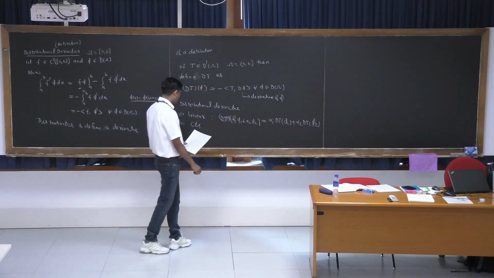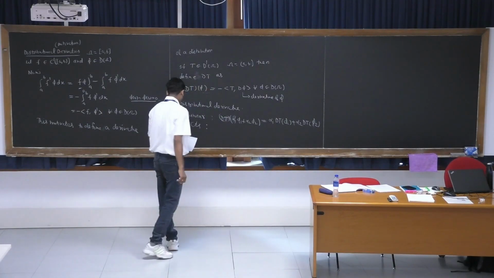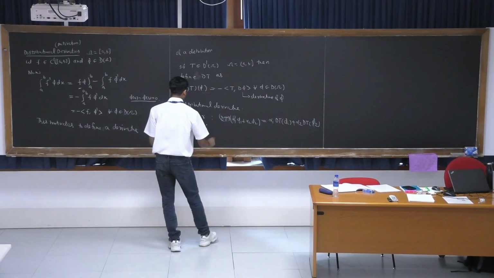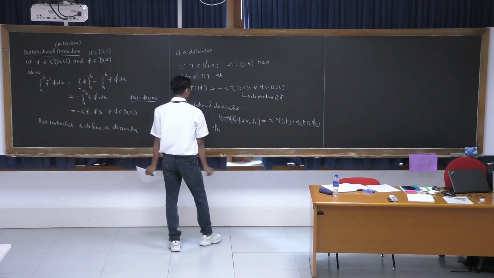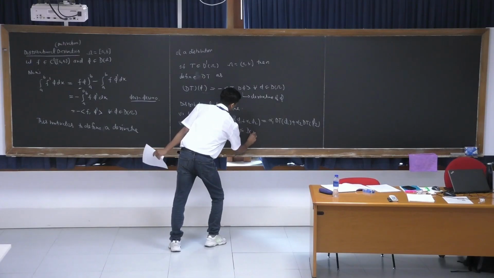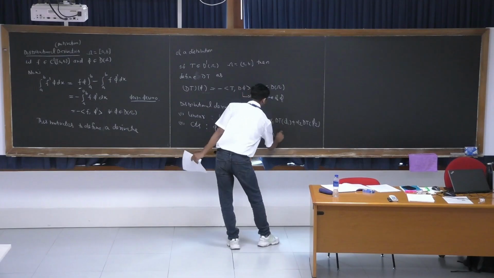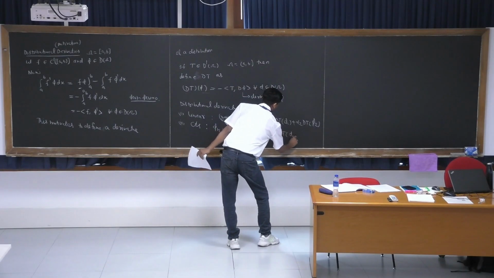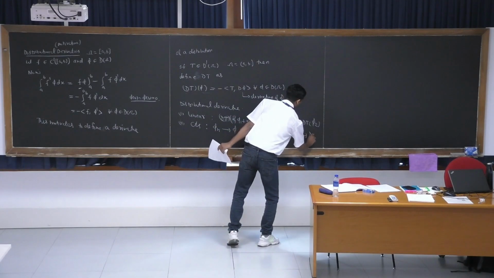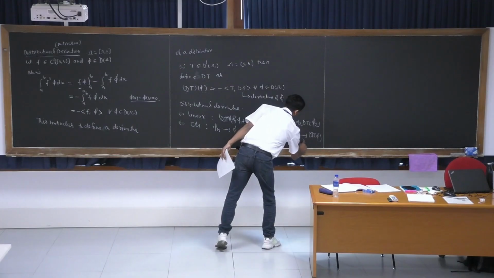And for continuity, we have to choose a sequence of functions phi n which converges to phi in this space, and then prove that dt of phi n converges to dt of phi in the same space.